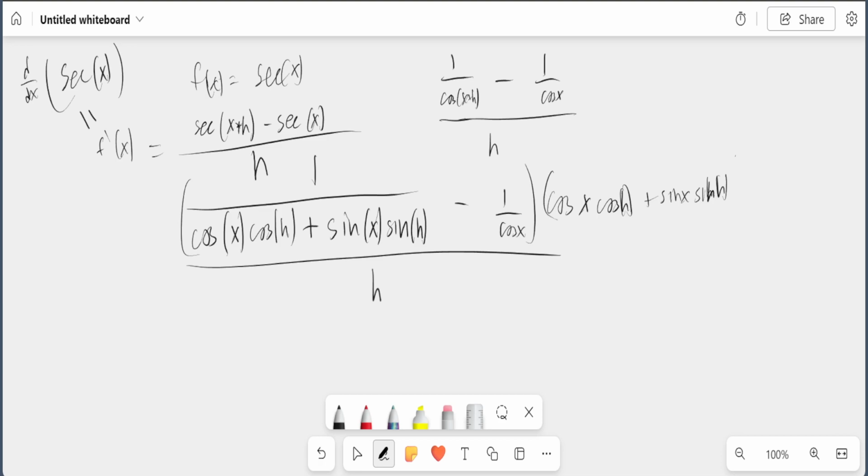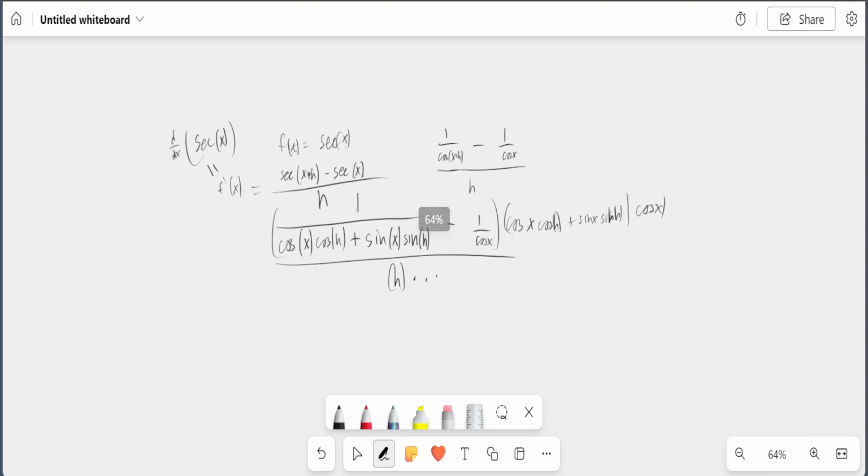I'm going to multiply by that on the top and bottom. Is there a way to drag this? No, there isn't. Okay, well, cosine x, cosine h. So then that becomes 1 minus cosine h plus sine x.